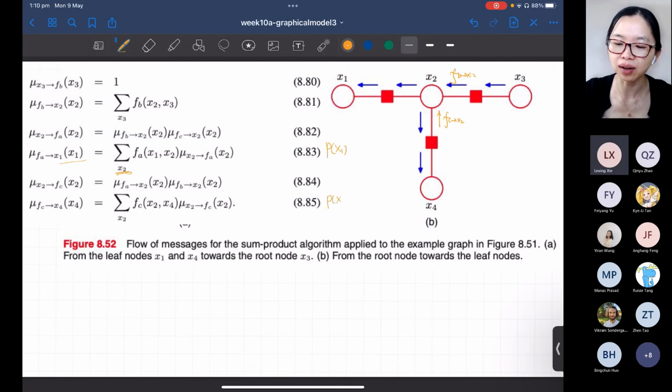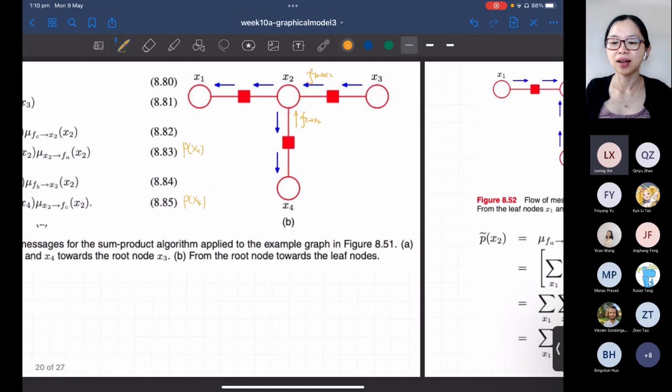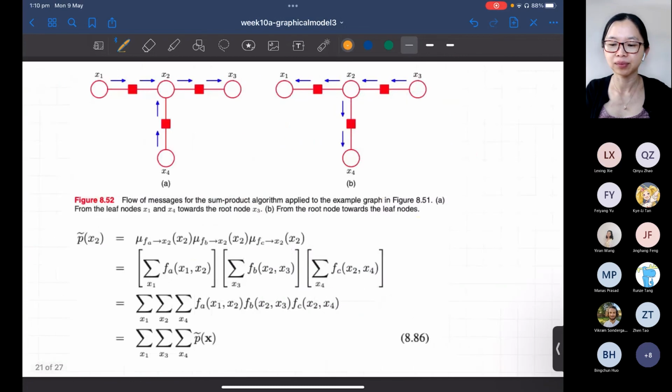Similarly, this one will allow us to easily get p of x4. So if we compute all messages in both directions, we get all the marginals. Indeed, this is what is happening.